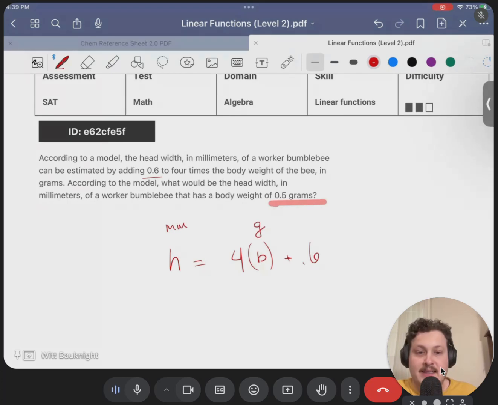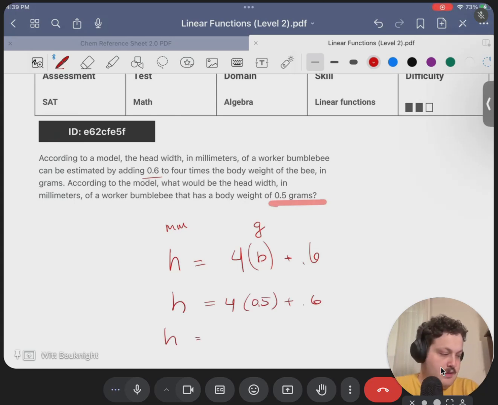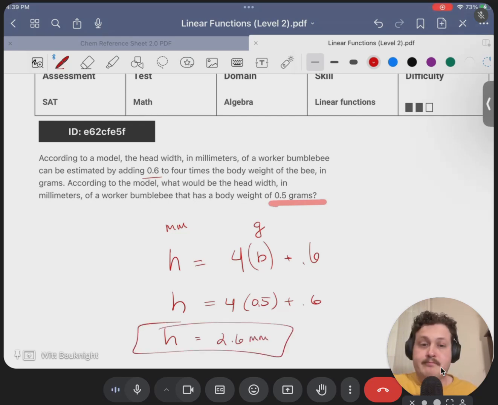All right. That's a linear function. Don't know why that took me so long. We're going to do 4 times 0.5 plus 0.6 to get the head width in millimeters, and we get 2.6 millimeters. Wonderful.